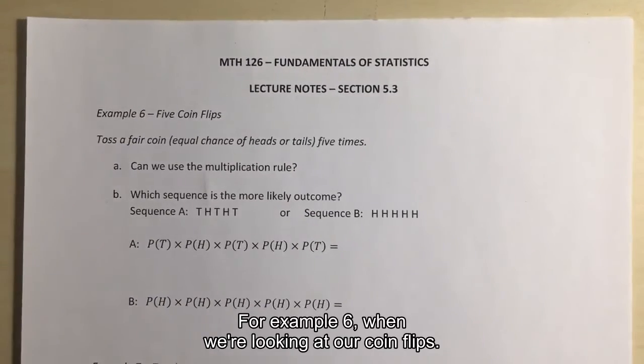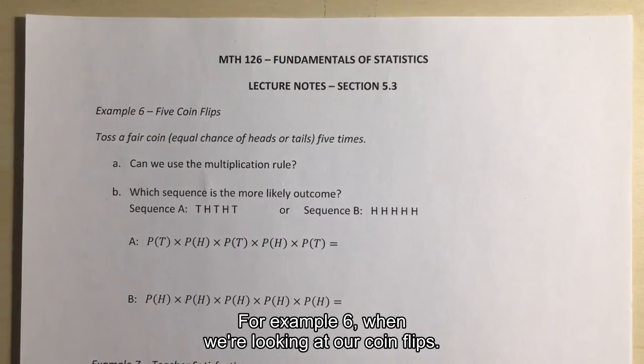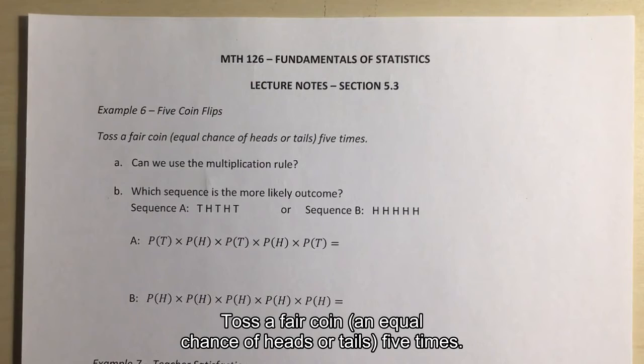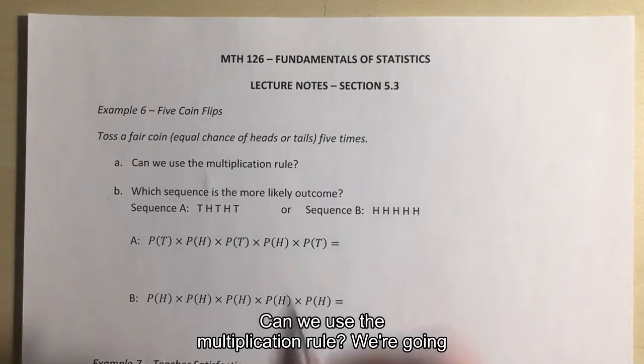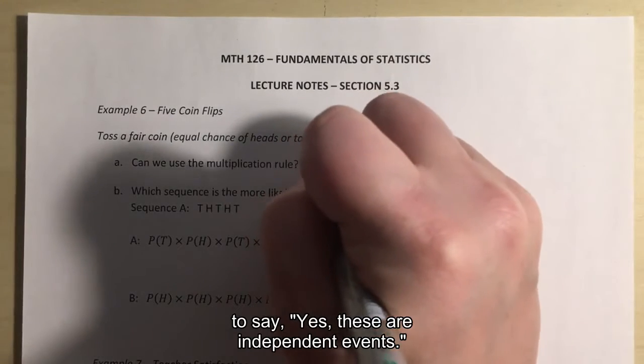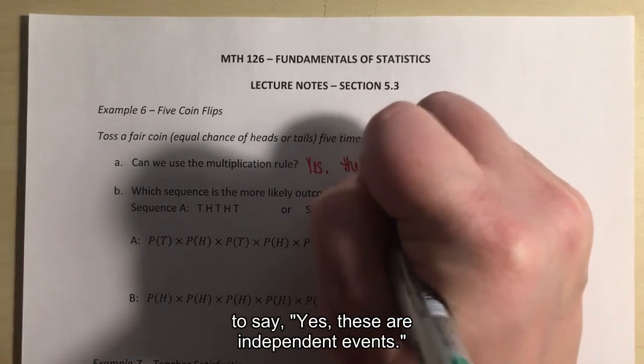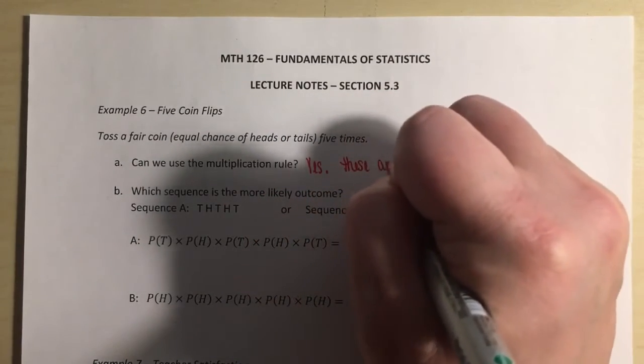Alright, so for example 6, when we're looking at our coin flips, toss a fair coin, an equal chance of heads or tails, 5 times. Can we use the multiplication rule? We're going to say yes, these are independent events.